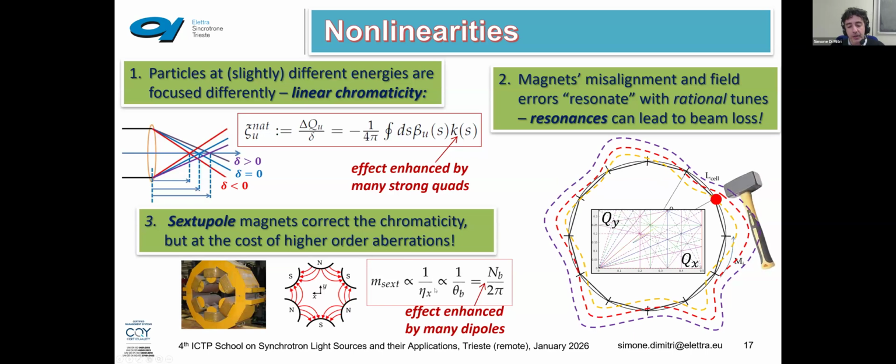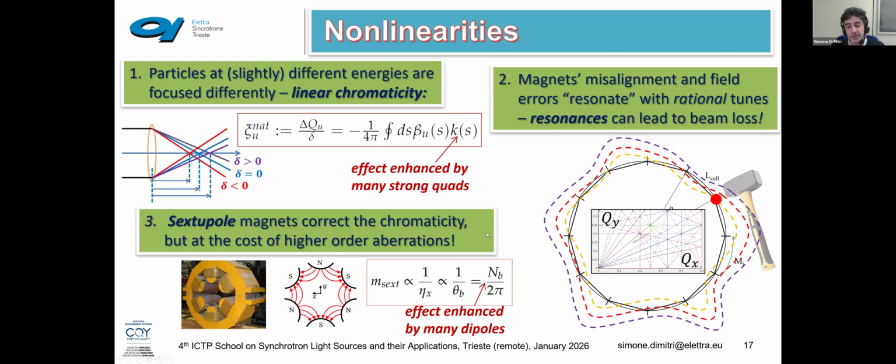The stronger the dipole field, the larger is the separation of particles in the bending plane, the larger is the dispersion, which means that the larger the number of dipole magnets is, the smaller the dispersion is, the stronger the sextupole field should be.